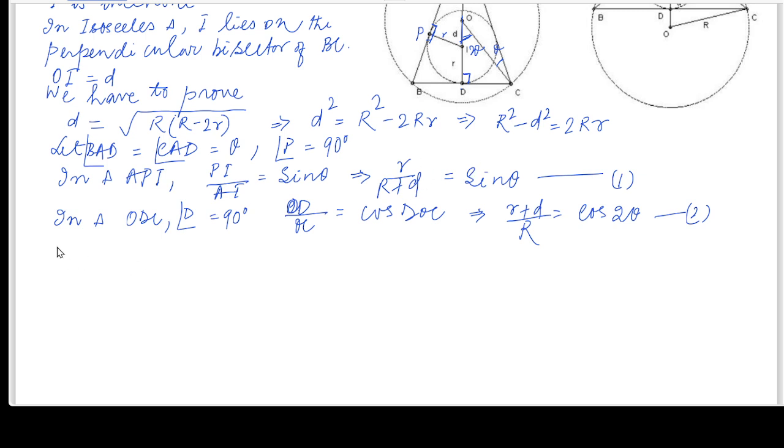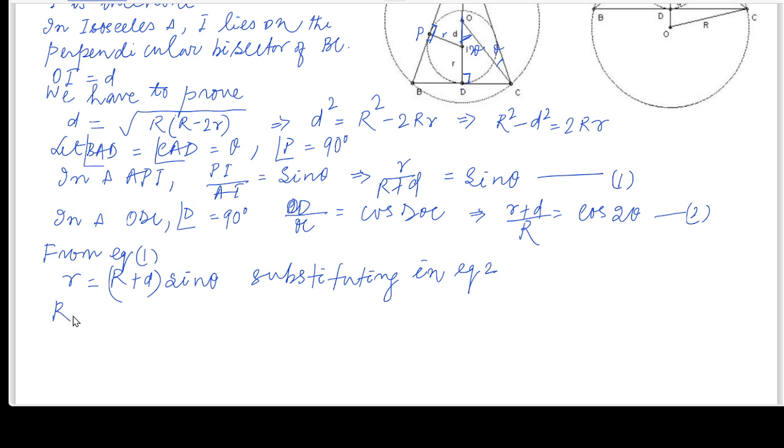Now from equation 1, small r equals R plus d into sine theta, and we substitute this in equation 2.